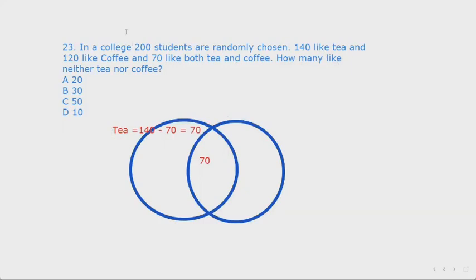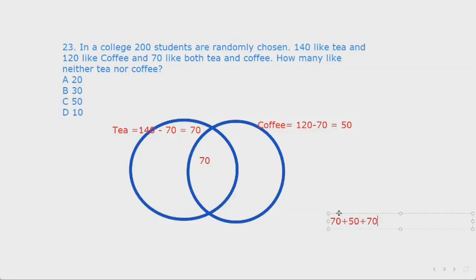Talking about coffee, coffee is consumed by 120. 120 minus the common 70, so again we have to remove that 70, comes out as 50. So the overall number of people who like coffee, tea, or both is 70 plus 50 plus 70.